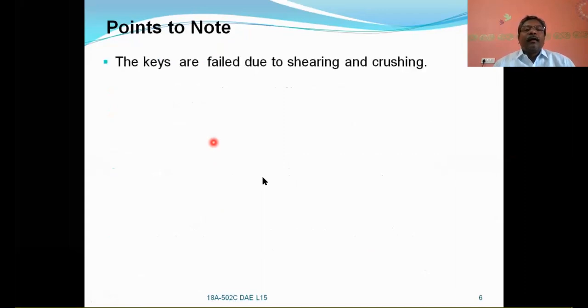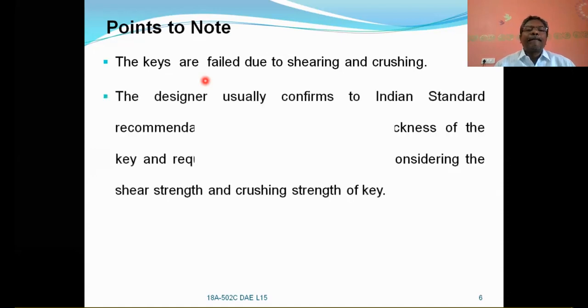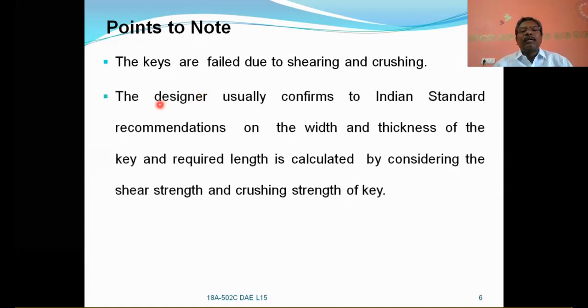So some notes relating to the design: the keys may fail due to shearing and also crushing, as per the previous discussion. So the designer usually should conform to the Indian Standard recommendations on the width as well as the thickness of the key.